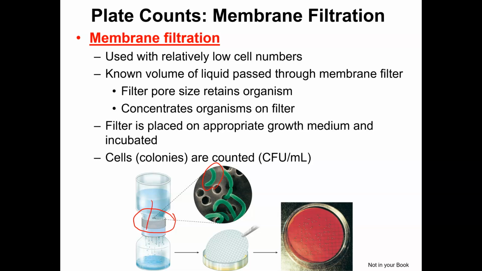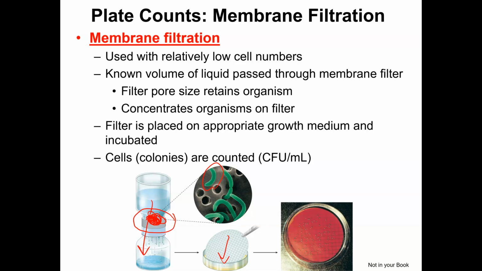So as the water passes through that membrane filter, the cells concentrate on the surface of the filter. So after you've pulled your water through, here's the neat part. You peel off that filter and then you lay it on a Petri plate.